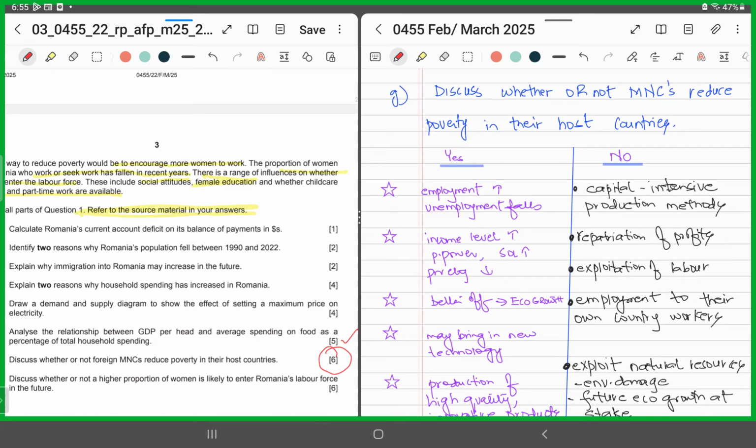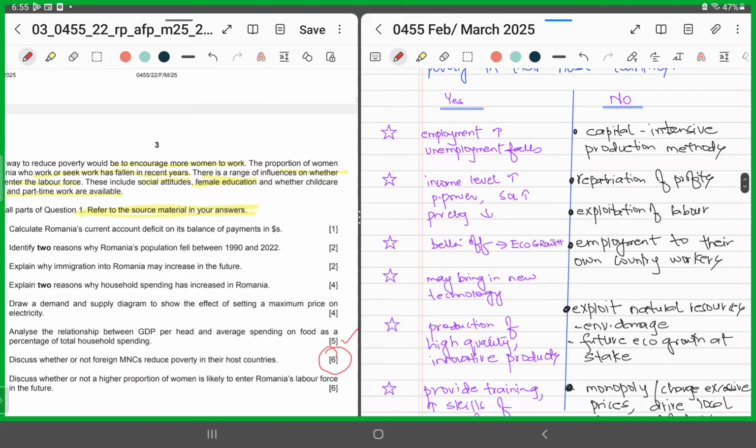So now we could say yes, MNCs would be able to reduce poverty in their host countries. Why? Because once they are established in the host countries, they set up their production facilities and give employment, and as a result, the unemployment level in these countries falls, right?